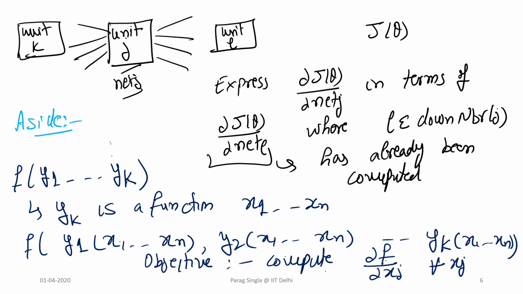So we want to compute this gradient of the function f with respect to the xj's, where the dependence on the xj's is indirect and flows through the y's. And you can see the connection to what we really want to do in our case. Let's go to the next slide. We will state this result without really proving it. This should be available in any book on calculus.